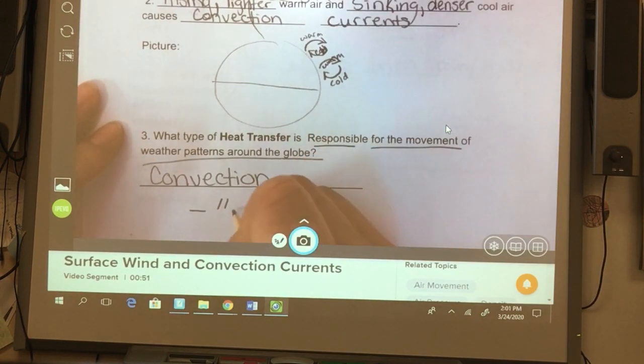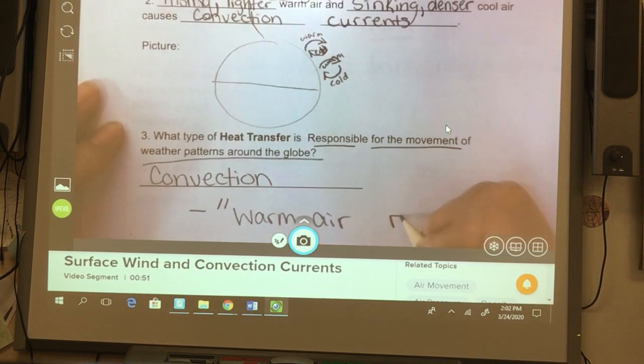In most of our classes, we say warm air rises, cold air sinks, convection is really neat.